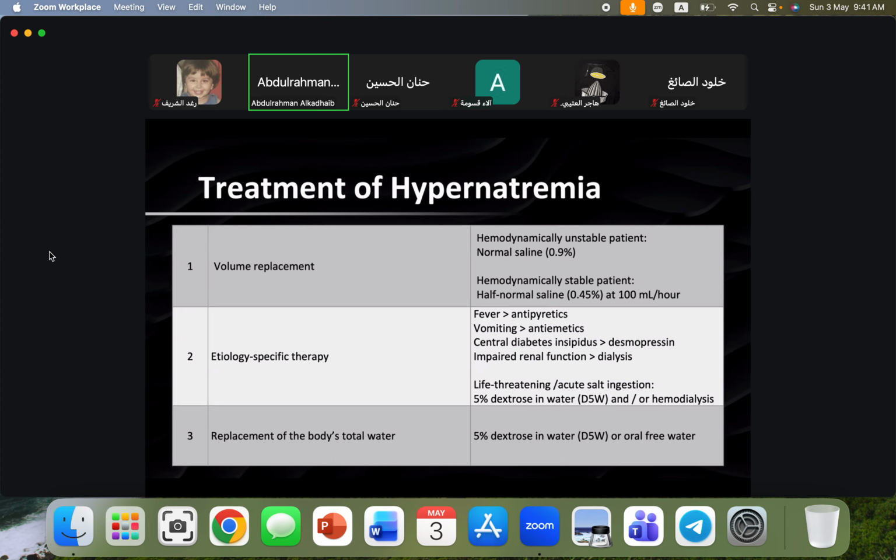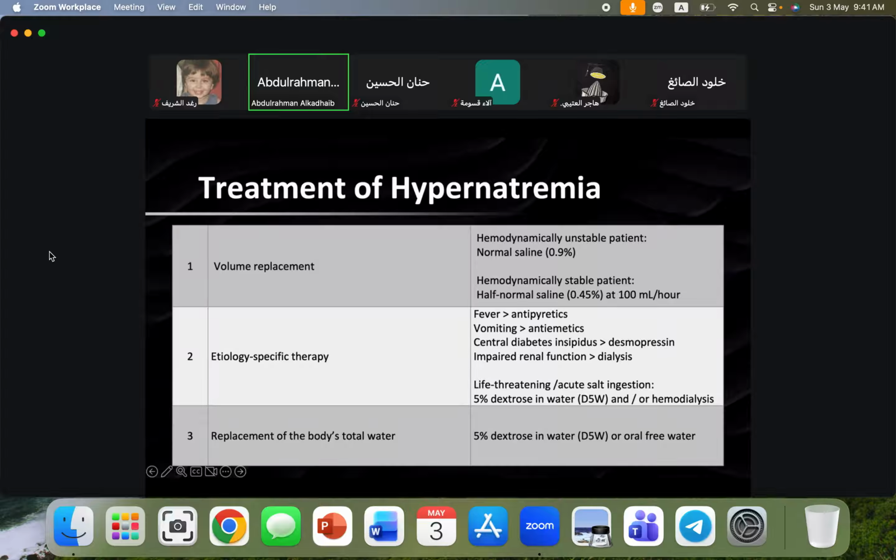Is this going to cause worsening of their hypernatremia or not? So the answer to that is usually no, because the concentration of sodium in those types of fluid is much less than the sodium level in the body volume in patients with hypernatremia. That's why this will cause basically dilution of the sodium in the body volume and will treat the hypernatremia in those patients.